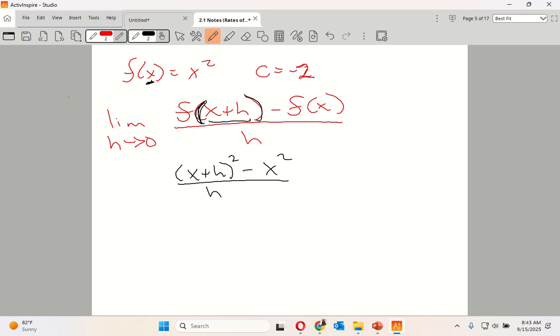Now expand this first part right here, and I get x squared plus 2xh plus h squared.